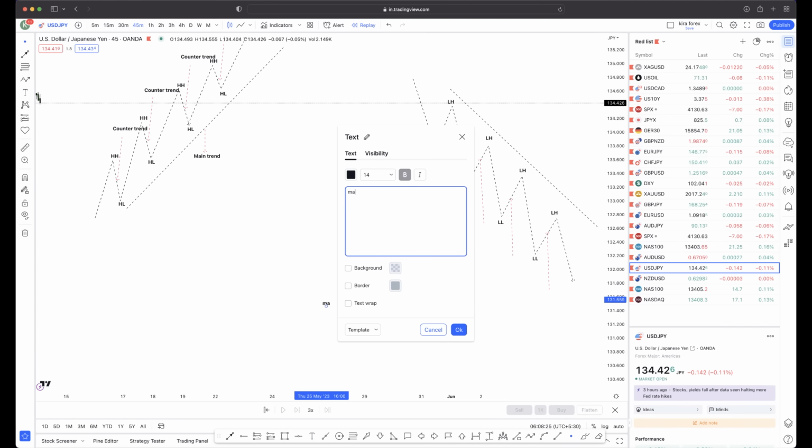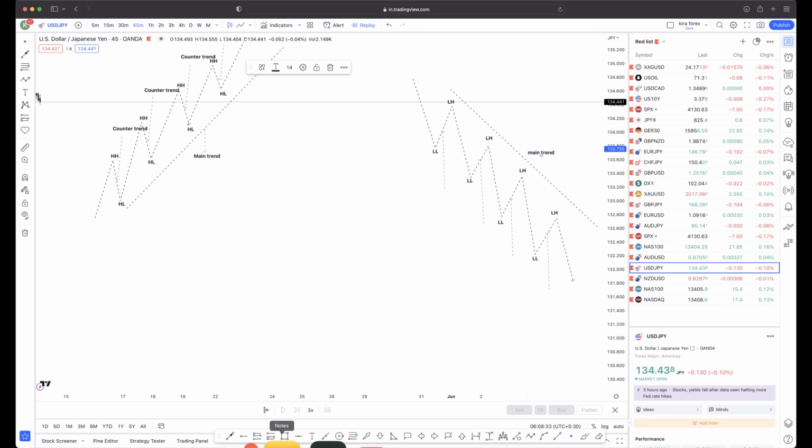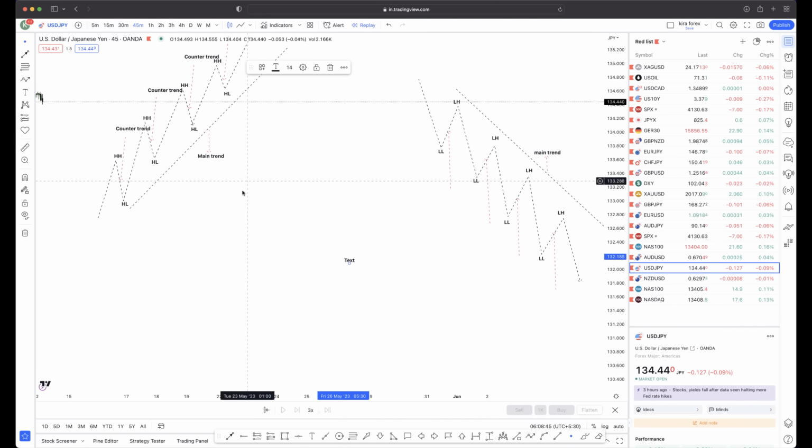This is very simple, guys. Just determine which trend you are trading, and this will become very easy for you once you're able to determine that this is a counter trend, and you're able to determine that this is a main trend.